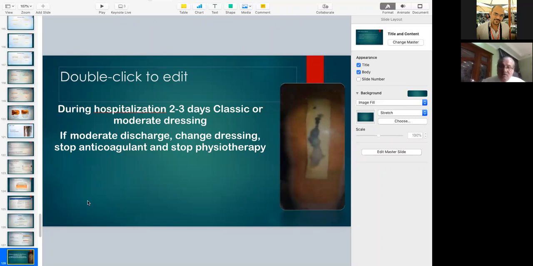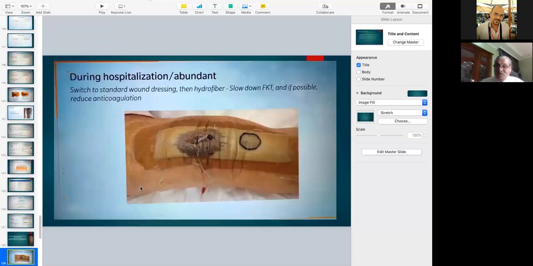As a general approach, when there is drainage during hospitalization for 2-3 days, you observe the amount of drainage, whether less than 2/3 or above 2/3, and accordingly go to moderate medical dressing, stop anticoagulant, and you can stop the physiotherapy.